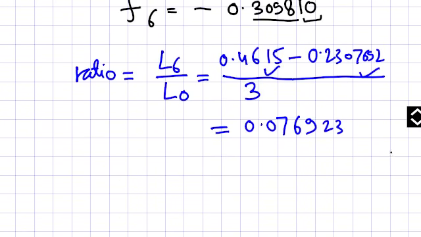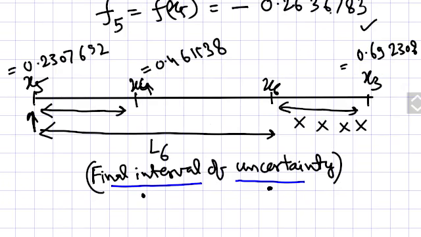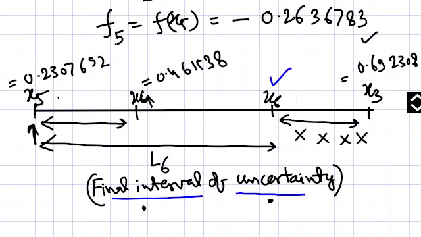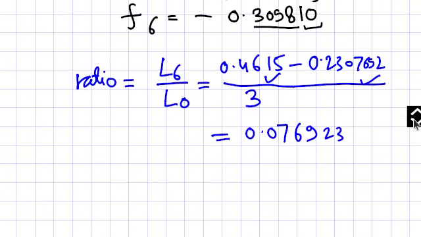Then I have taken x6 and x5, and if you subtract, you will find the L6 distance, and then divide it by 3, and you get your precision, how precise you have made your section.